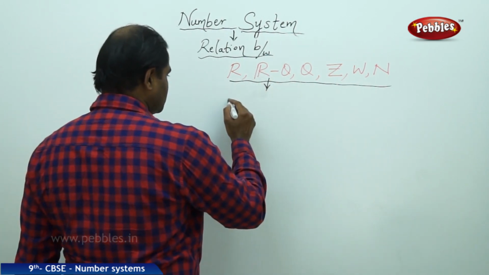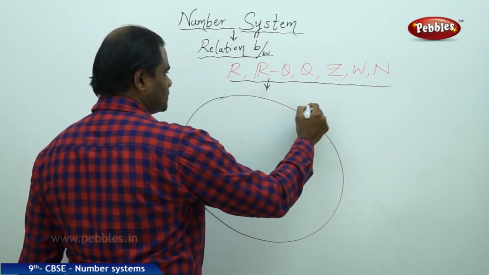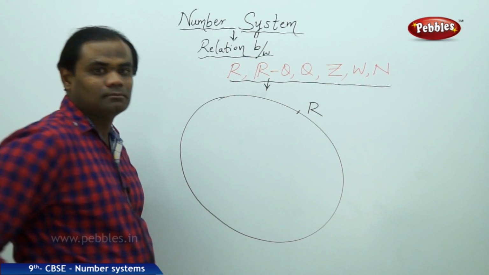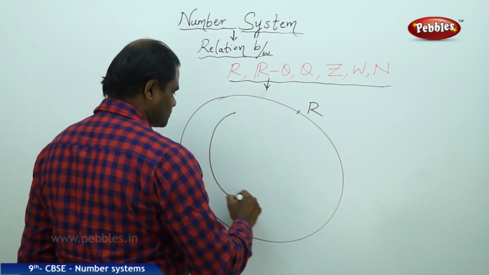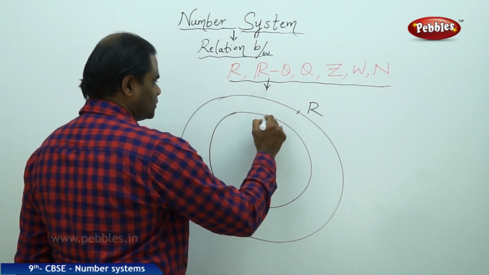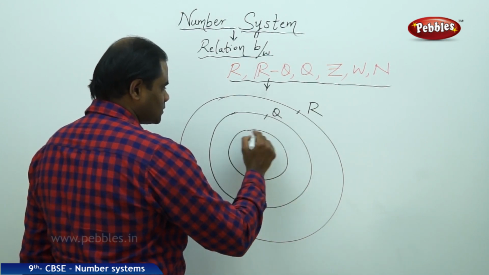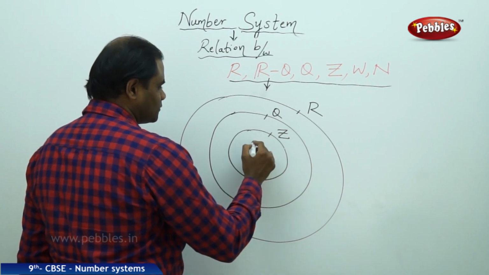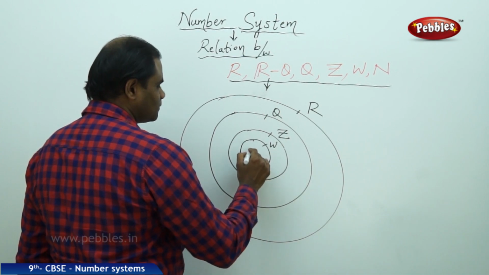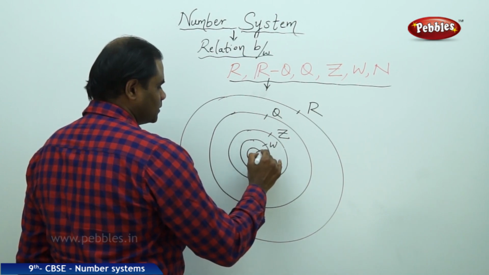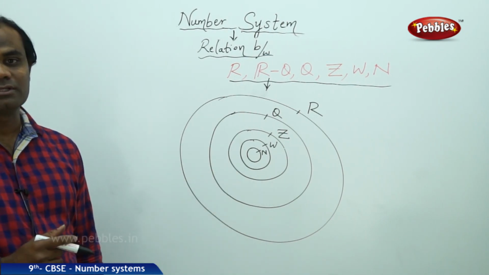We have the set of real numbers denoted by R, the set of rational numbers denoted by Q, the set of integers denoted by Z, the set of whole numbers denoted by W, and the set of natural numbers denoted by N, through the circular or Venn diagrammatic representation.